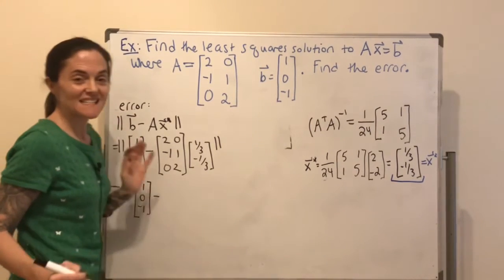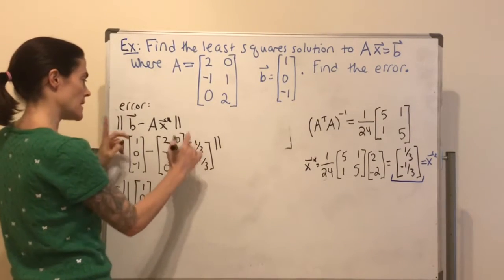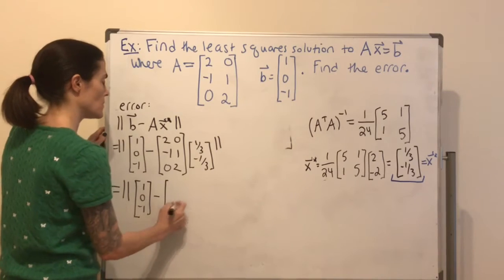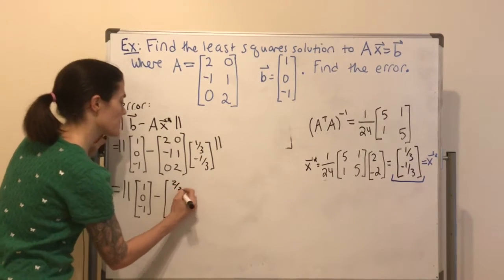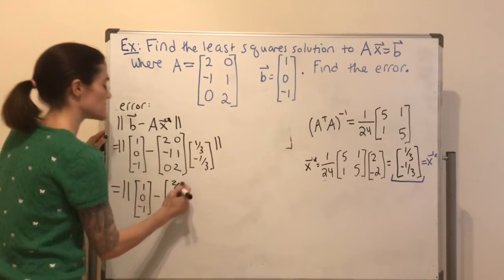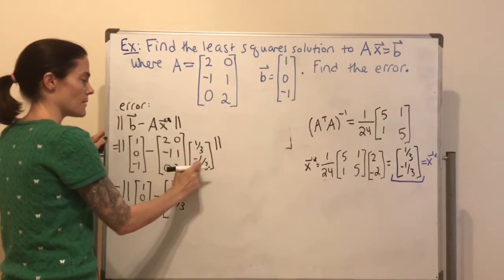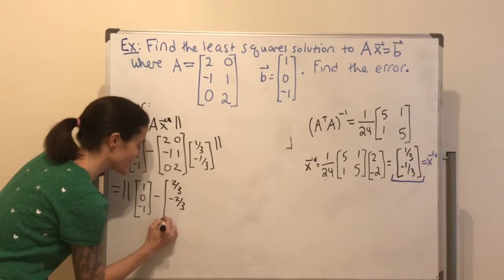Okay, just as before, I will multiply matrix times vector, and then I will subtract. Here I get 2 thirds, and then this is minus a third, negative 2 thirds, and we have another negative 2 thirds. This is great.